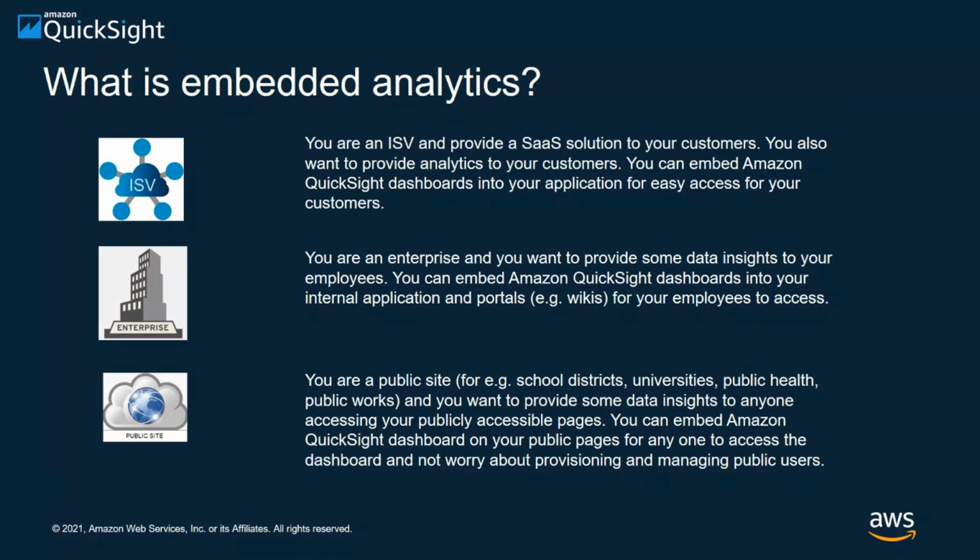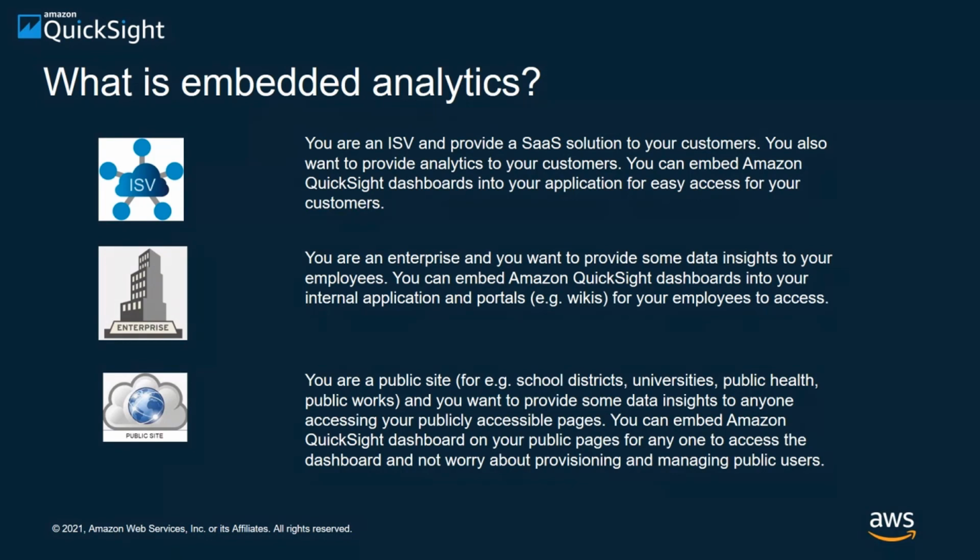You can do the same thing if you're an enterprise customer, where you want to embed data insights using Amazon QuickSight dashboards into your internal applications or portals such as wikis, so that they are available for your employees to access. You can do that using our embedded analytics suite. These dashboards will be protected based on your auth, and only authenticated users will be able to access these dashboards.